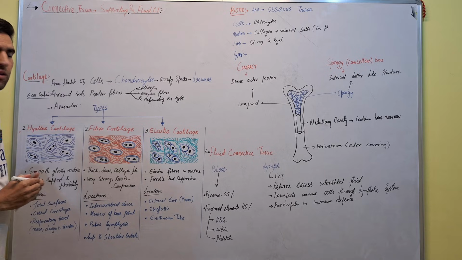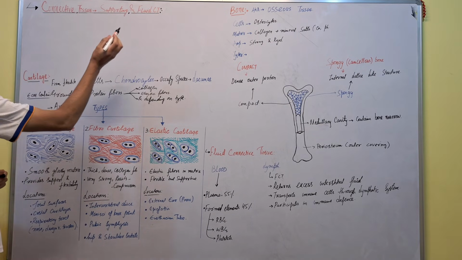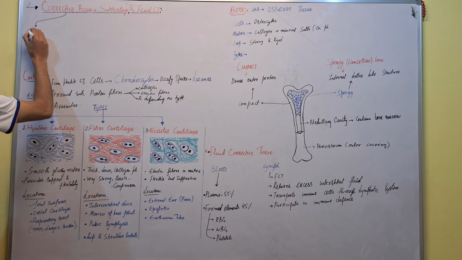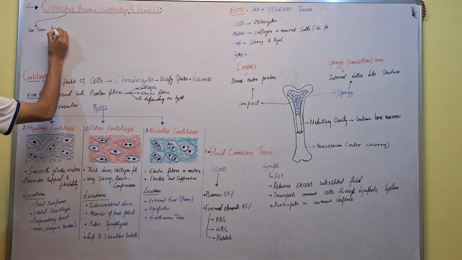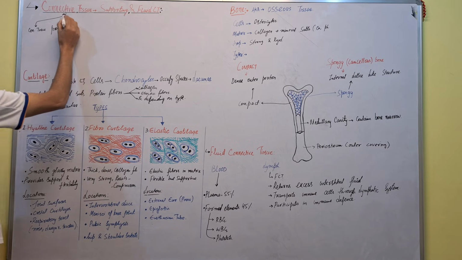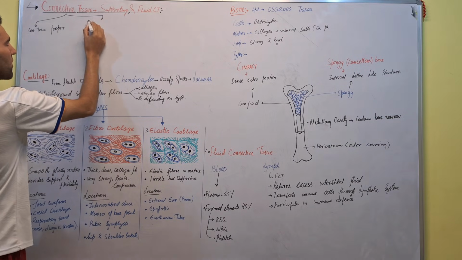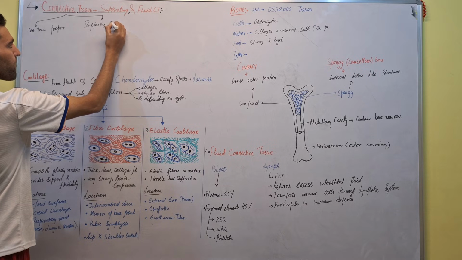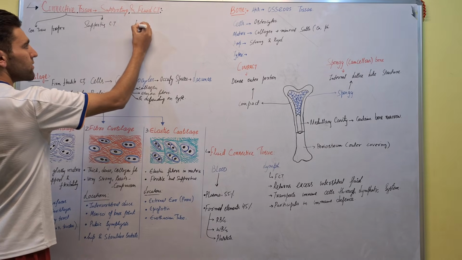Before moving to today's topic, we will classify connective tissue again. We have three main types. First is connective tissue proper, then we have supporting connective tissue, then we have fluid connective tissue.